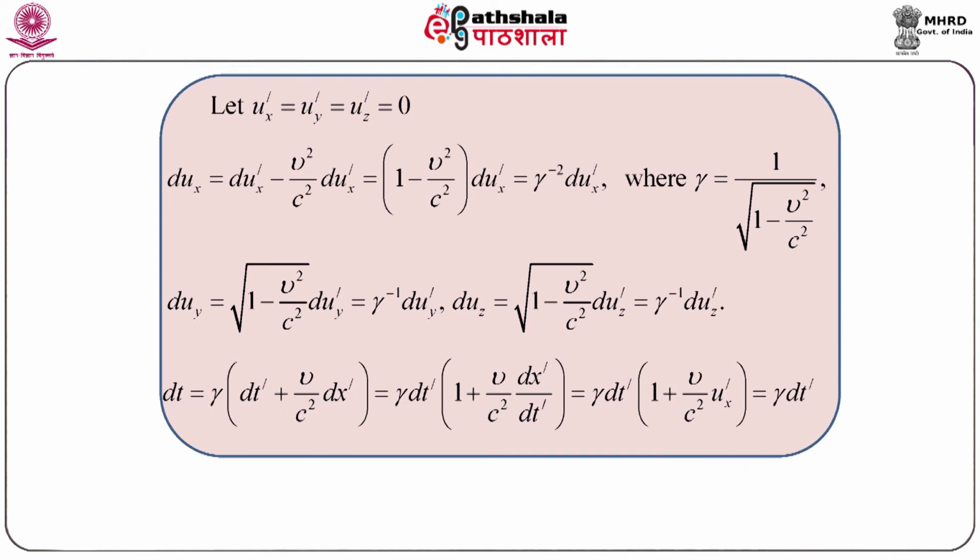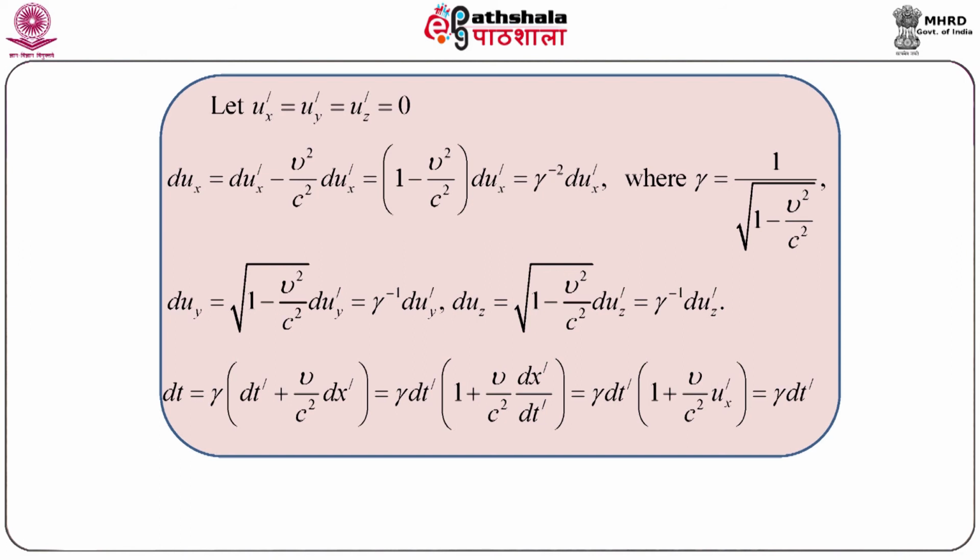Let u dash suffix x, u dash suffix y, u dash suffix z equal to 0. That is, there are no components of velocity in frame S dash. In that case, d u suffix x becomes d u dash suffix x minus v square by c square into d u dash suffix x.